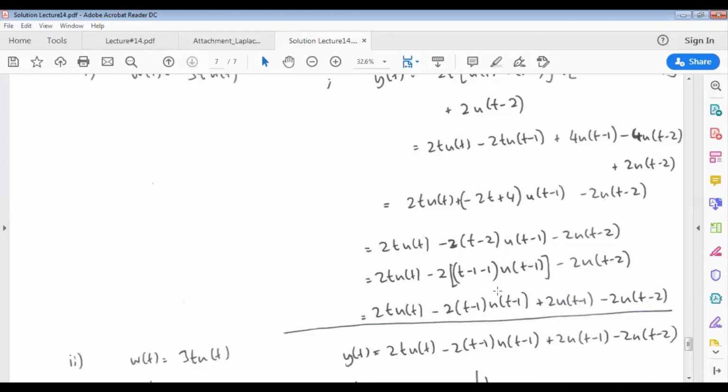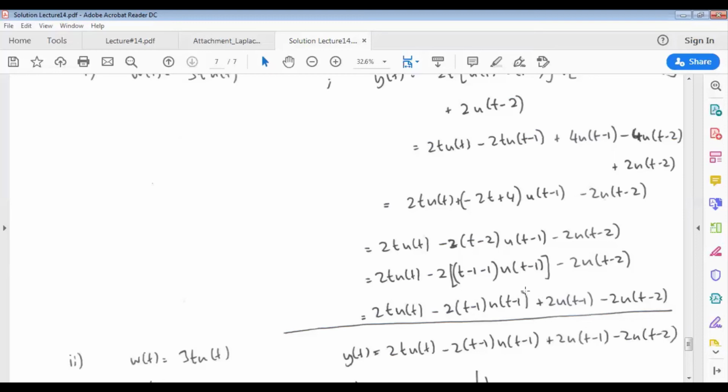From here, I can separate these terms. I can take out t minus 1 and ut minus 1 as the second term, and then I take out -1. So -1 times -2 will be +2 of ut minus 1.